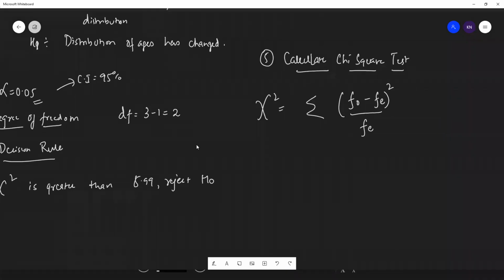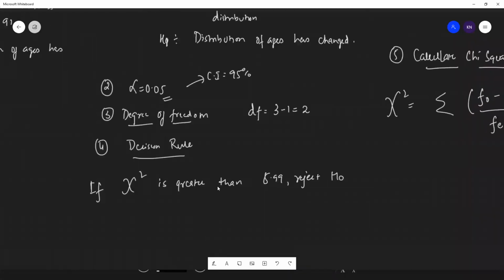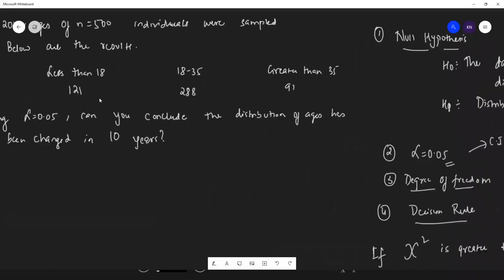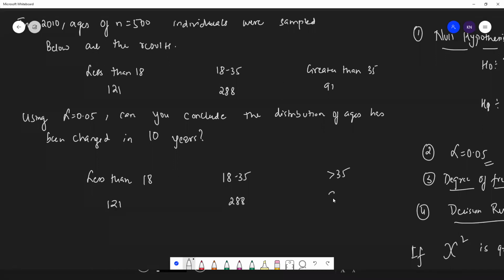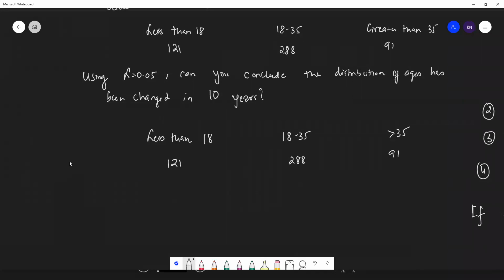First of all, let's see. Everybody remembers this table, right? So here I will write again: less than 18, 18 to 35, and greater than 35. What is the value? 121, 288, 91. Let's consider that from the sample, this is the observed value.